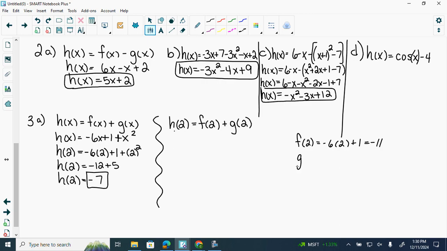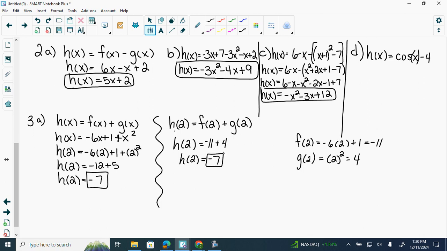And then g of 2 equals 2 squared, which is 4. And so h of 2 equals negative 11 plus 4. So h of 2 equals negative 7. Same answer, right?